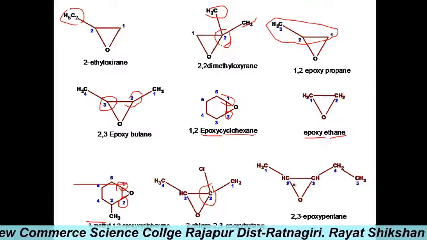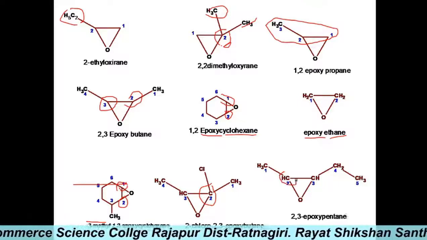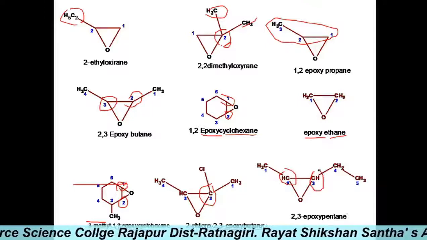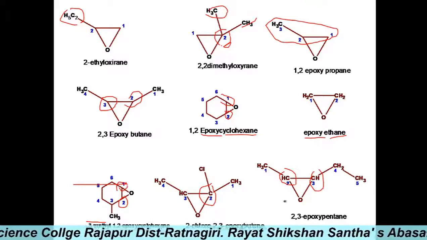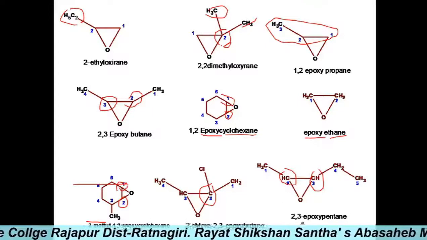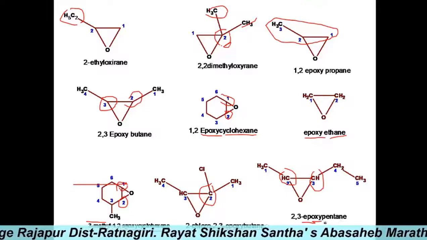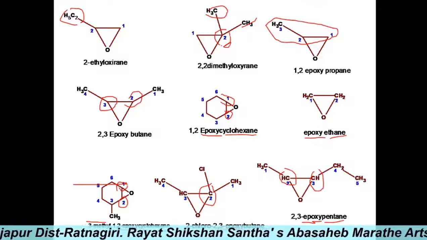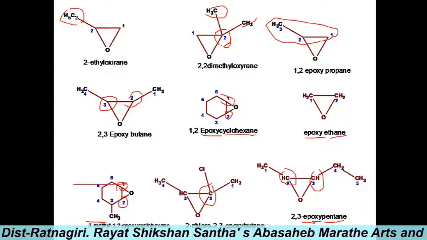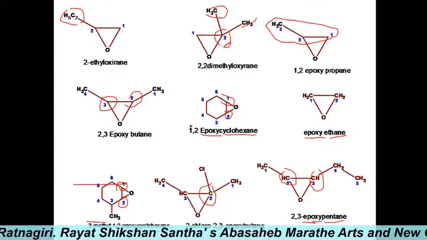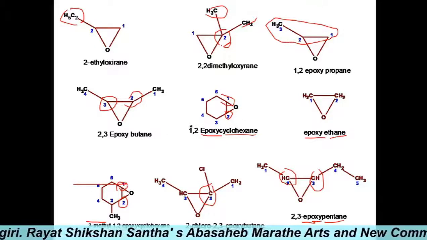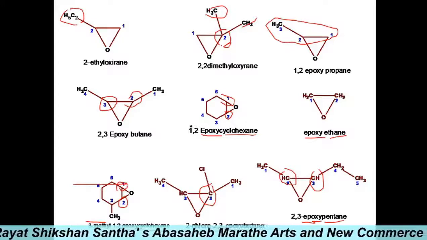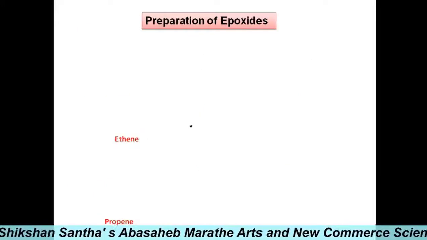Next example, the second and third positions have the oxygen, so 2,3-epoxy prefix and pentane is the parent name. So 2,3-epoxypentane. With such examples, we have seen the nomenclature of epoxides.